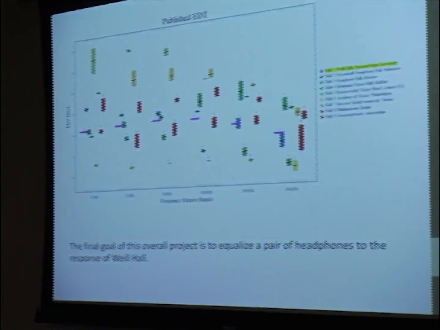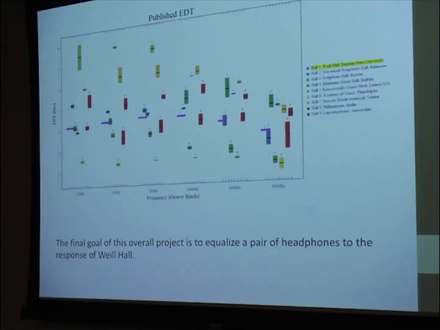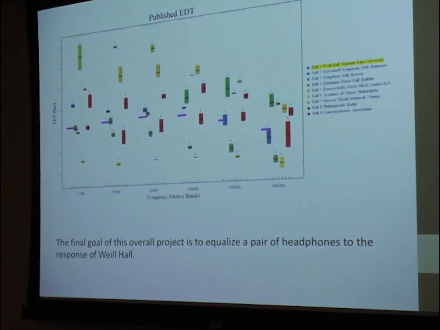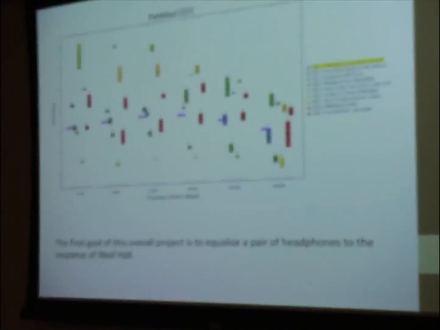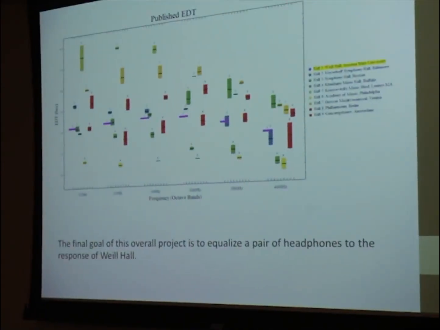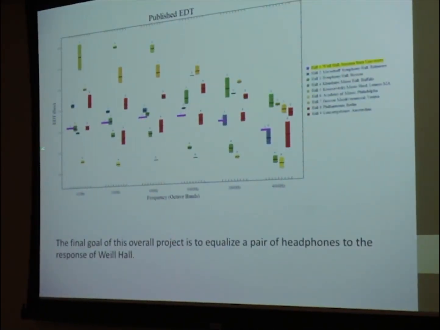Here is a nice graph of the early decay time as a function of frequency. Basically, the early decay time is a measure of the ability of the hall to reflect the sound. As you can see here, we have a nice, kind of flat response from the hall.